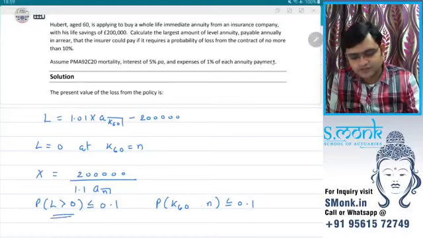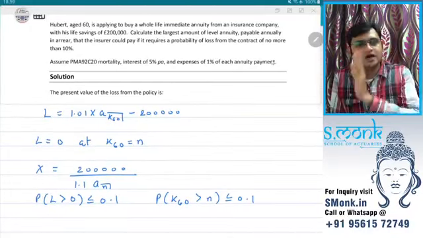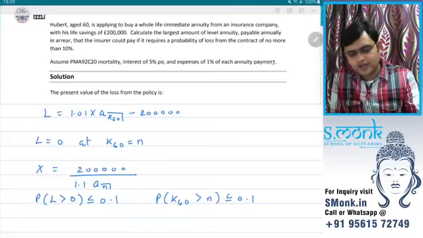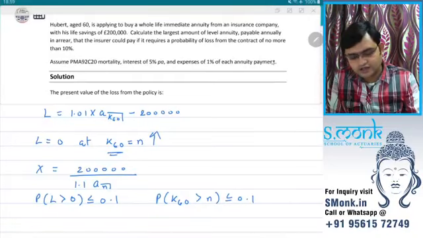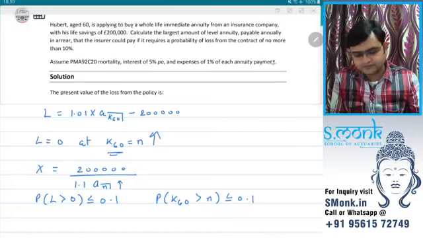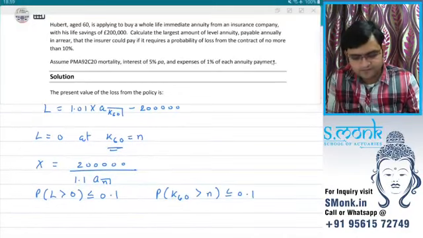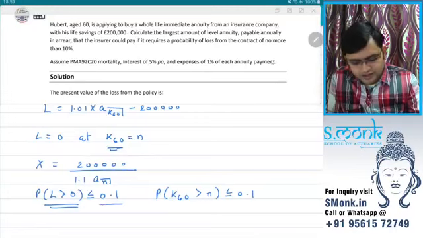Sorry, loss happens when K is greater. My mistake here. If the person survives for more number of years, then loss occurs, because annuity increases. So we will have loss less than 10% of the time if K60 is greater than n, less than 10% of the time.